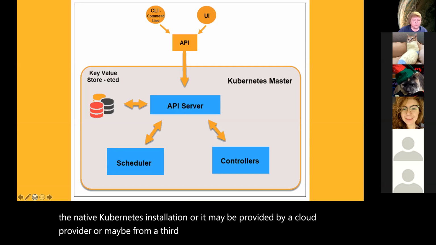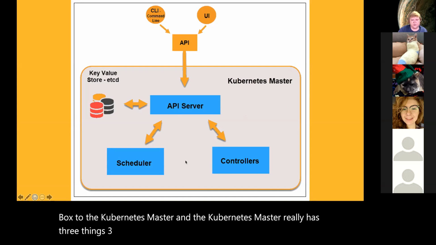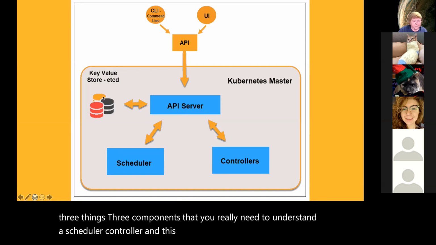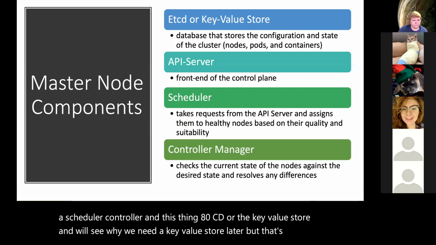It talks to the Kubernetes master, and the Kubernetes master really has three components that you need to understand: a scheduler, a controller, and etcd, or the key value store. We'll see why we need a key value store later. But that's what's in the master.